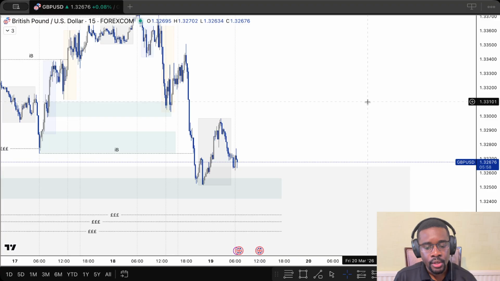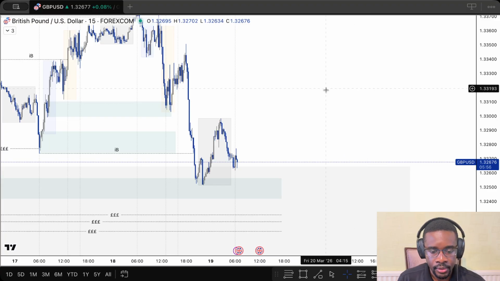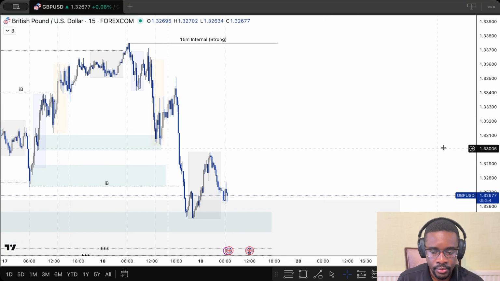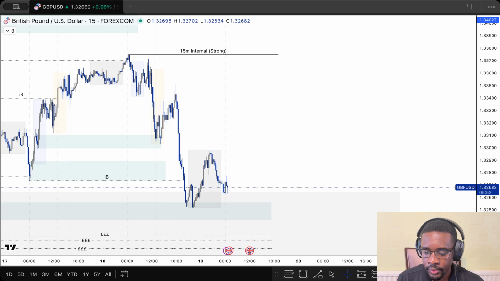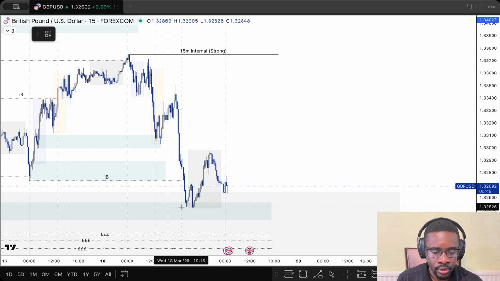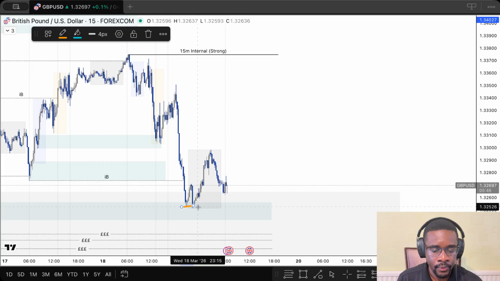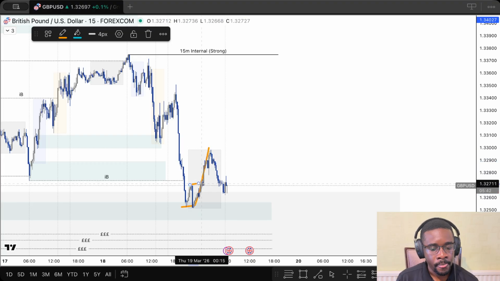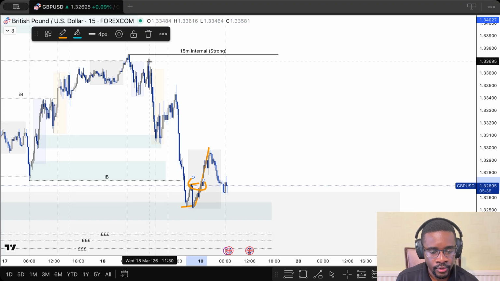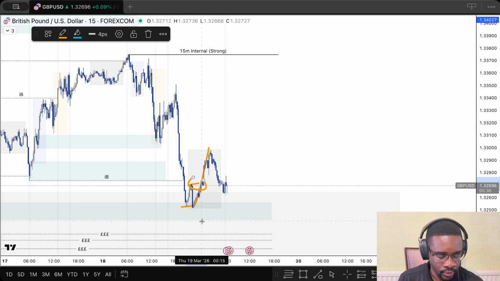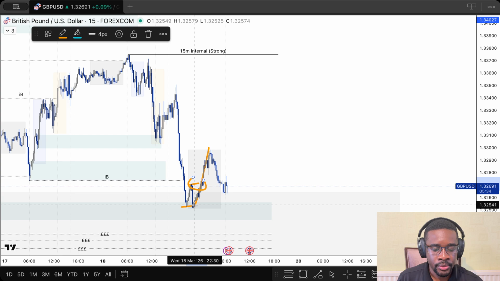So this is what we have. Similar to the Euro USD, we did have a sweep right there in this area, and then we went on to break structure, internal structure of this internal leg.